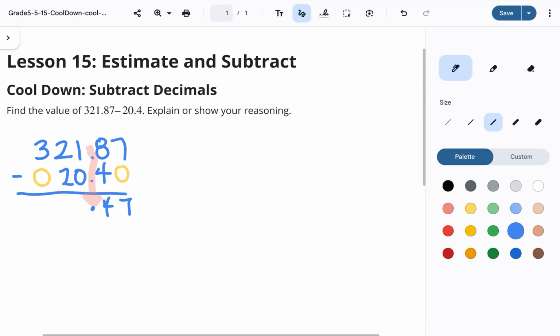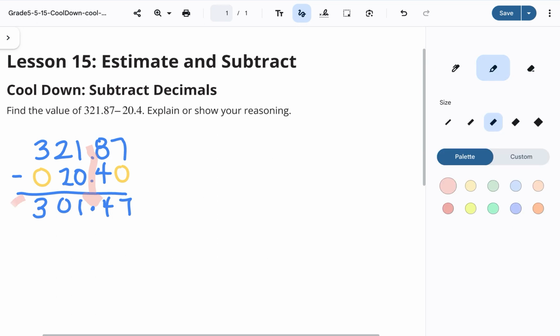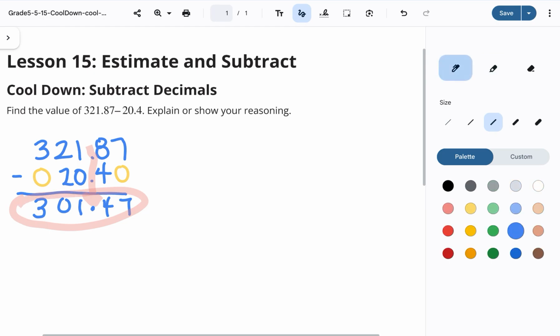That will be a difference of 4. Now in the ones place, we have 1 minus 0 is 1, 2 minus 2 is 0, and 3 minus 0 is 3. So we do have a final answer here, and our final answer is 301 and 47 hundredths.